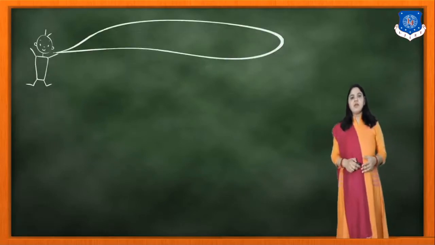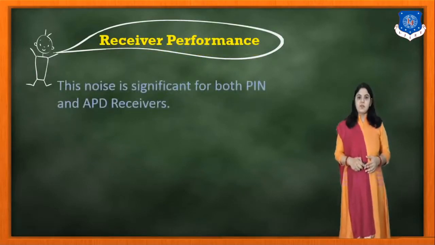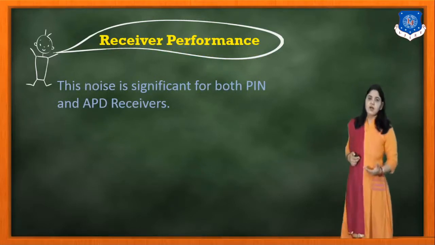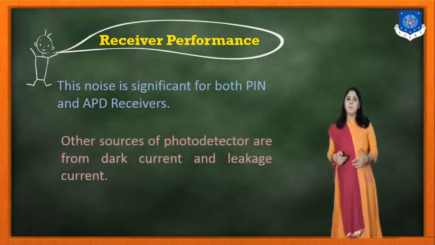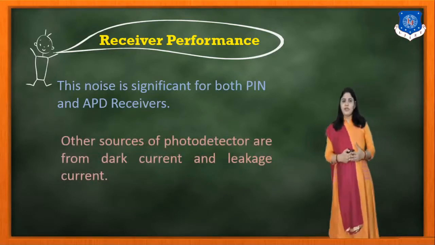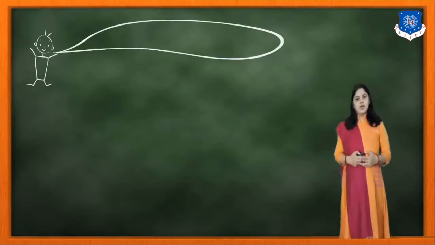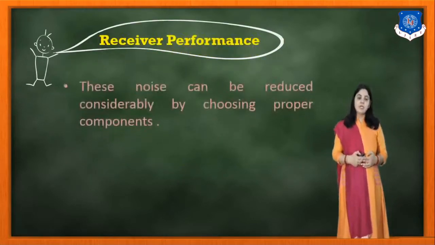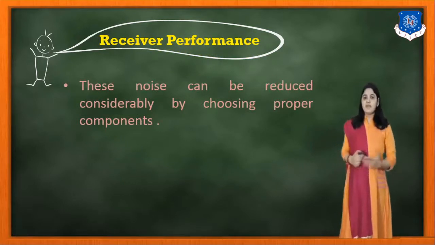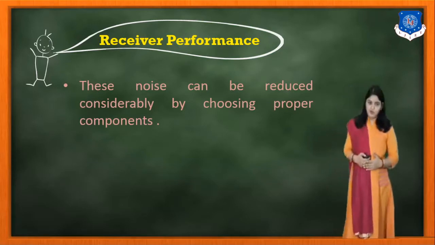Noise is significant in both the PIN and the APD receivers. Other sources in the photodetectors are the dark current as well as the leakage current. So dark current, leakage current, shot noise and thermal noise are all the noise that we need to consider while checking the receiver performance.